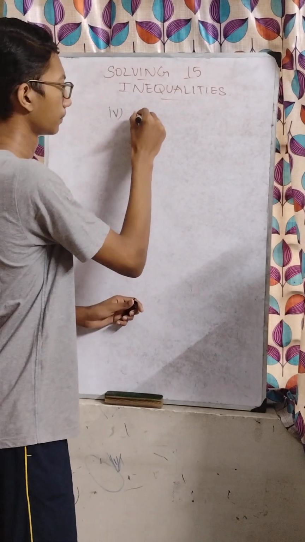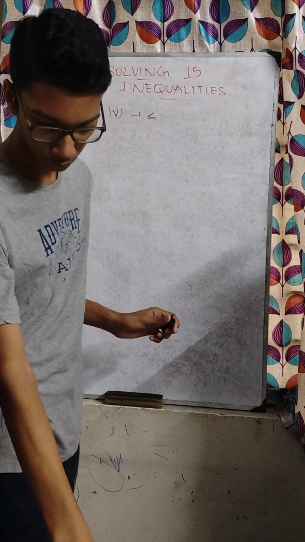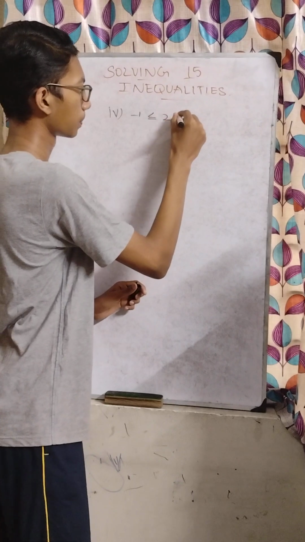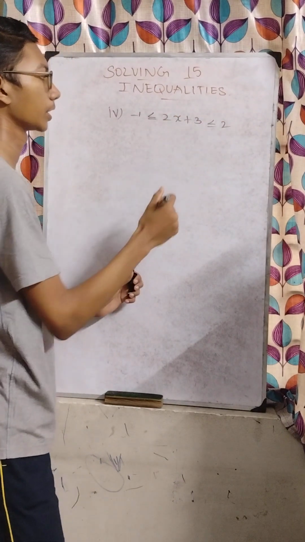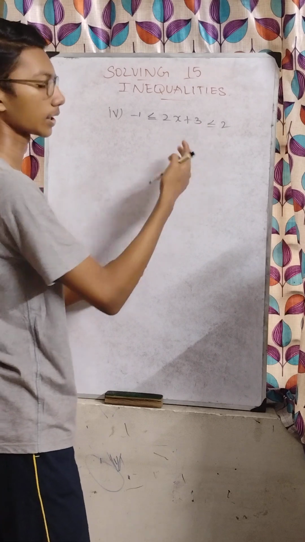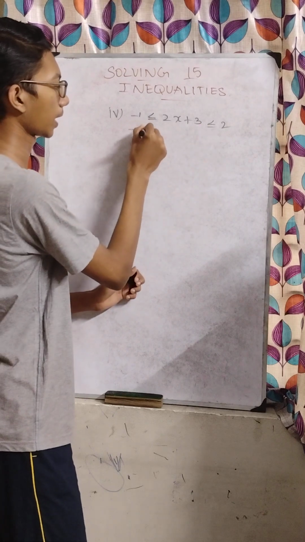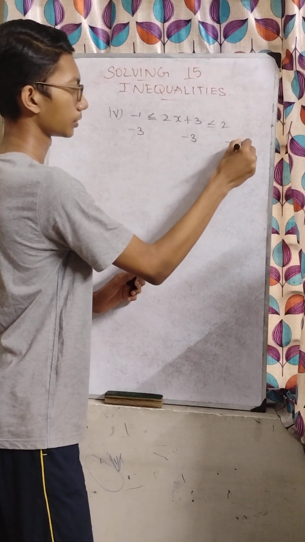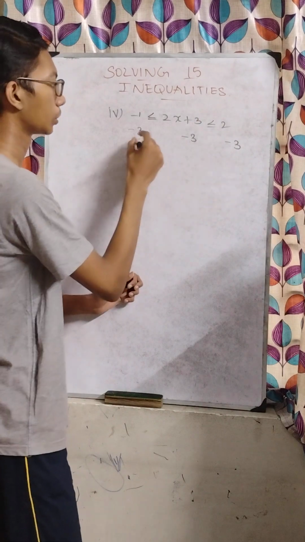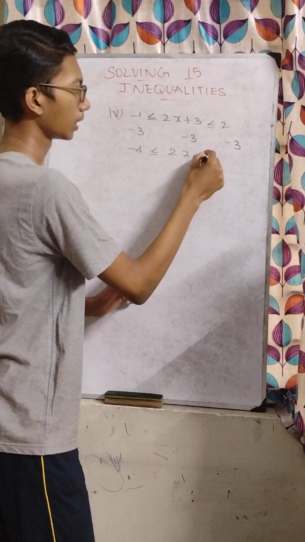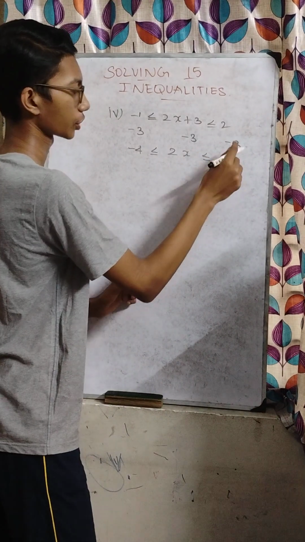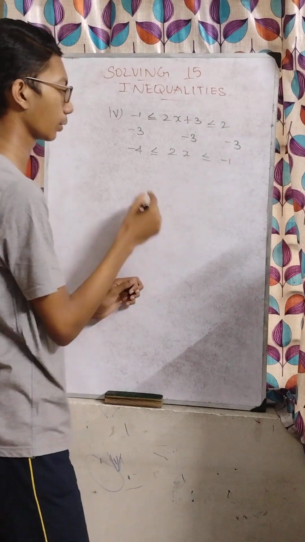So now the fourth question is minus 1 less than or equal to 2x plus 3 less than or equal to 2. We can do the same thing as we did earlier. Just subtract 3 from all these parts. So we have negative 4 less than or equal to 2x less than or equal to minus 1, since 2 minus 3 is negative 1.